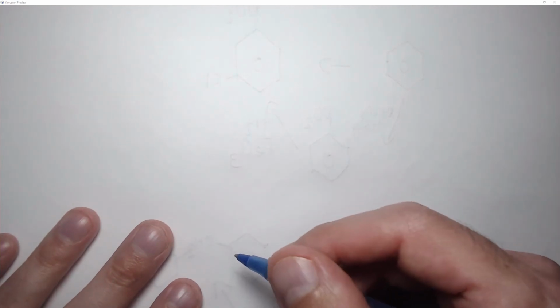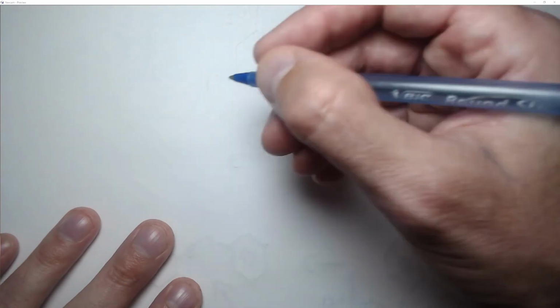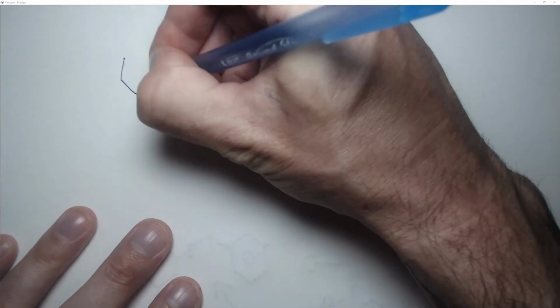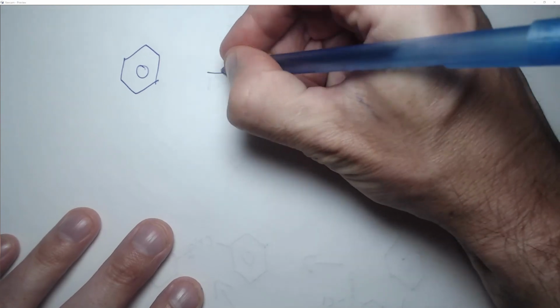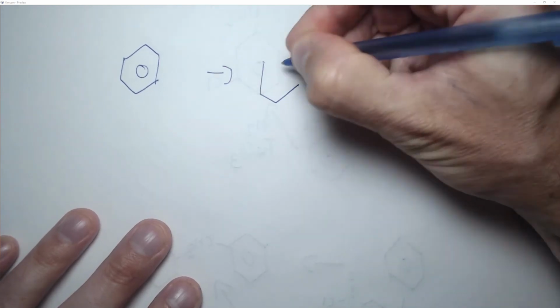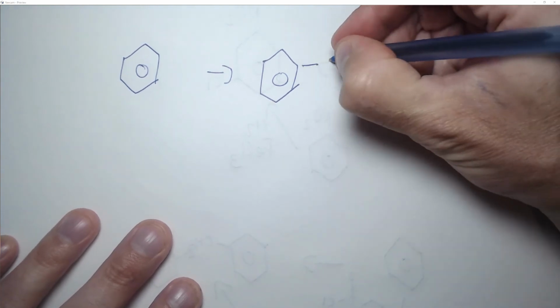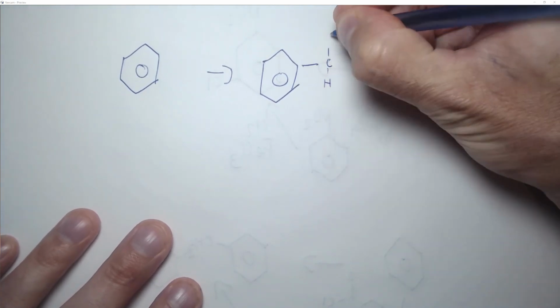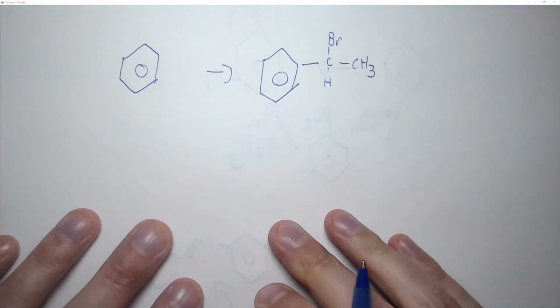All right, let's look at one last example to complete this chapter and work on our putting it all together. In this case, we have benzene, and what we want to make is a benzene ring with a CHBr CH3.